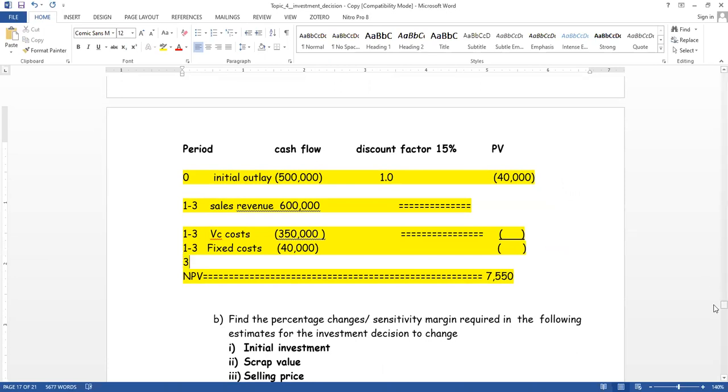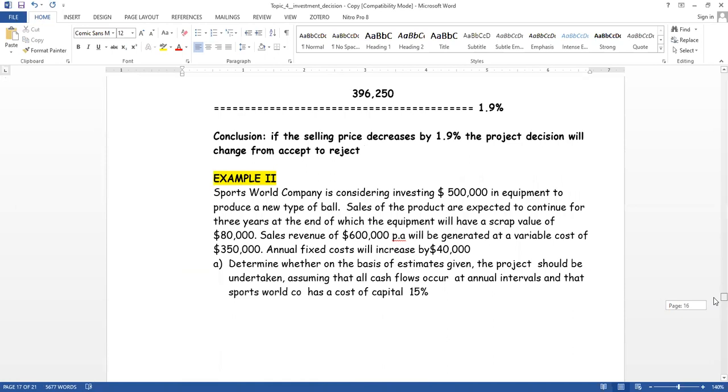Now you're not going to use annuity tables, because this is a cash flow that comes in at once, and that is at the end of the year, because I say that at the end of which the equipment will have a scrap value of 80.